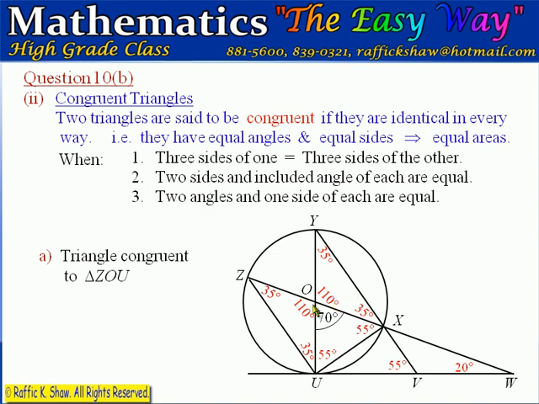So these two triangles satisfy condition 2, that is, two sides and an included angle of each are equal. We have two radii and the angle between them is 110 degrees in this triangle, and in this triangle we have two radii and the angle between them is 110 degrees. And so this triangle and this triangle are congruent triangles. So the triangle that is congruent to triangle ZOU is triangle YOX. Triangle YOX is congruent to triangle ZOU.